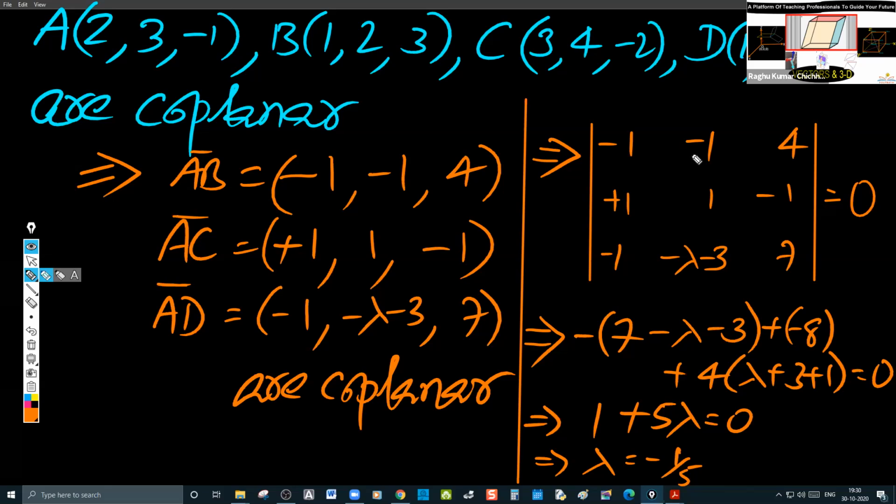So what happens here? +1 into 7 - 1, that is 6. Okay. Now 4 into minus lambda minus 3, +1. That is correct. Now simplify this, you'll get the answer.